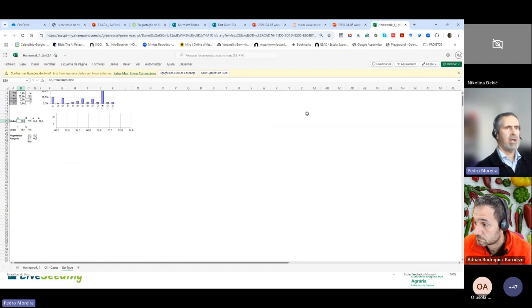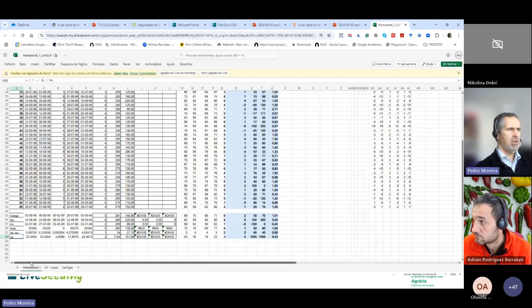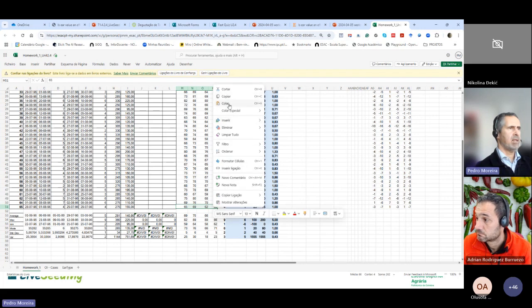For instance, with an ear that you choose from your own data, from the data that I provided you, you can make a different one.